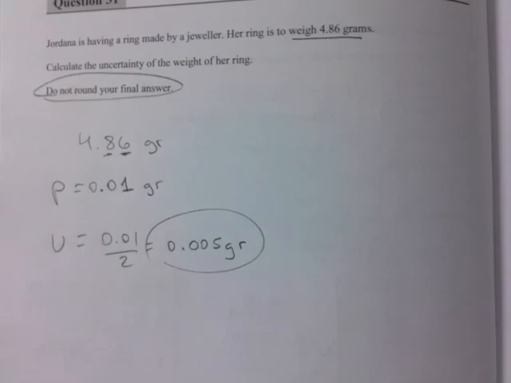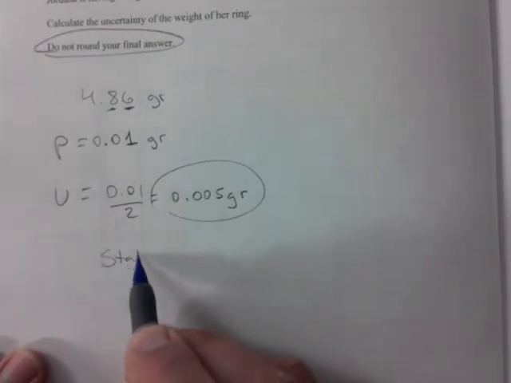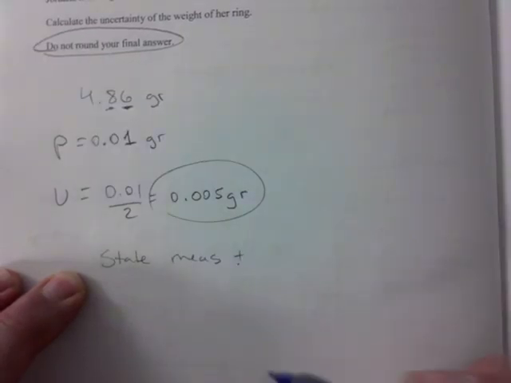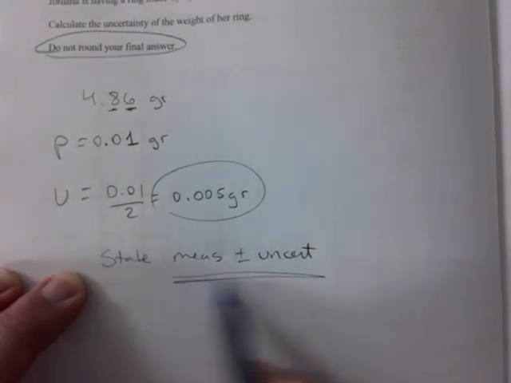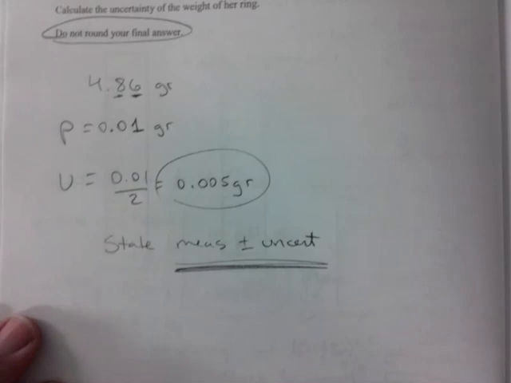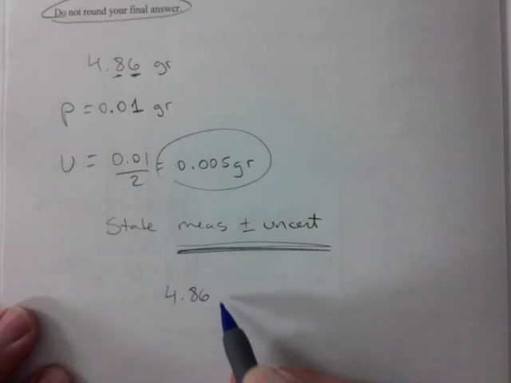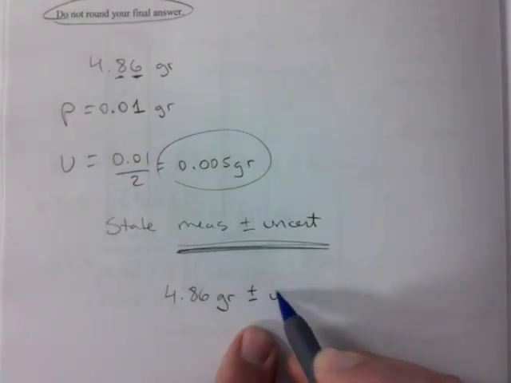Moving on. Can I say something here? Off on a tangent. Sometimes they'll say state the measurement plus or minus the uncertainty. Sometimes the province does this one. All you would have to do is 4.86 grams plus or minus whatever your uncertainty is that you just got.